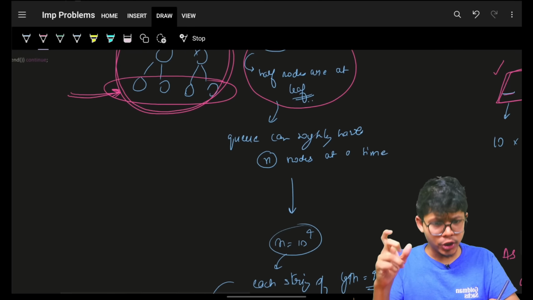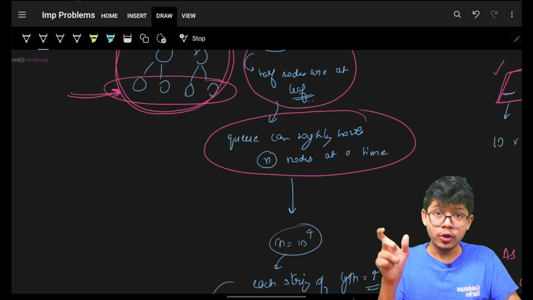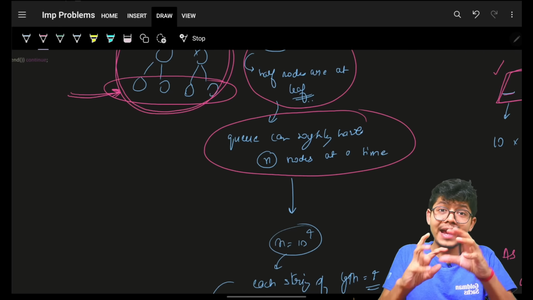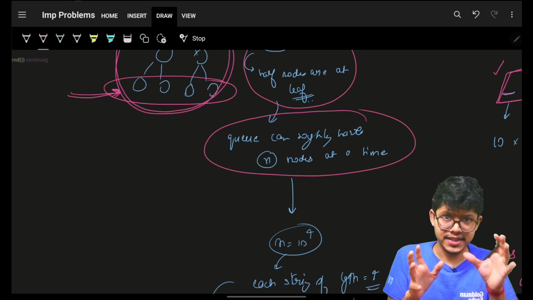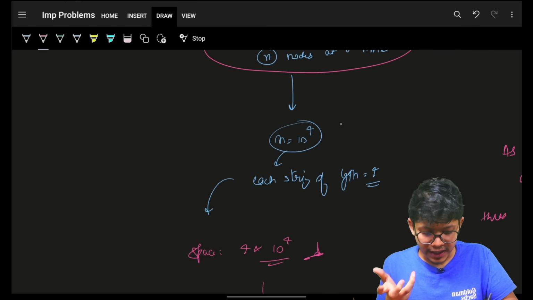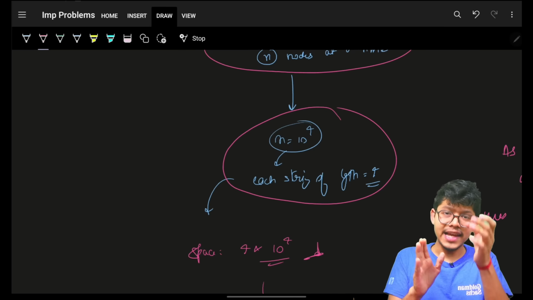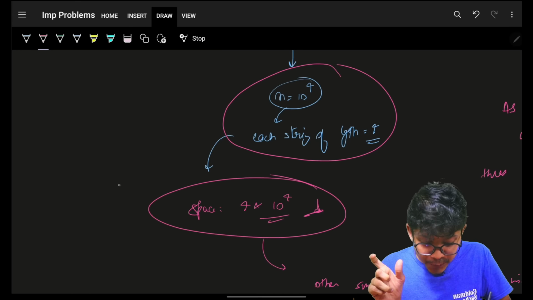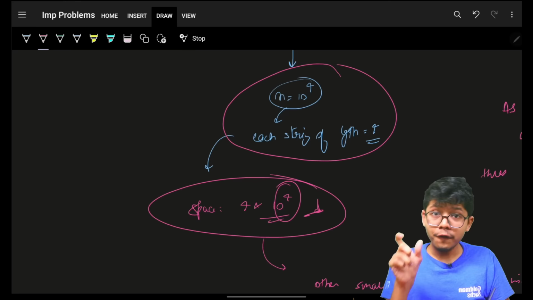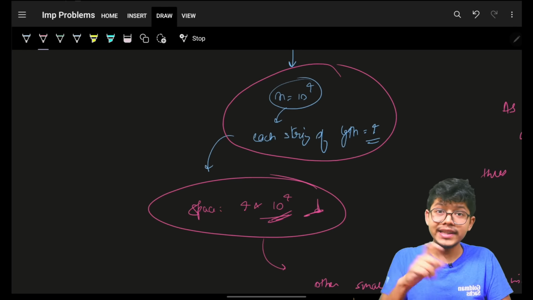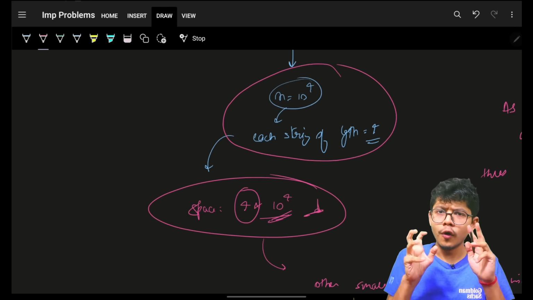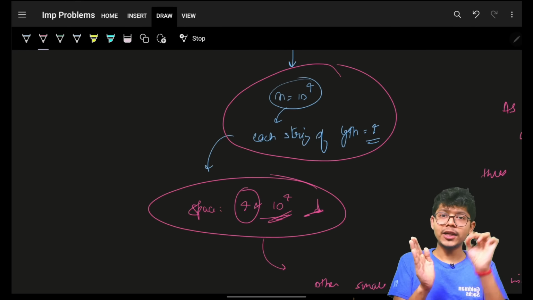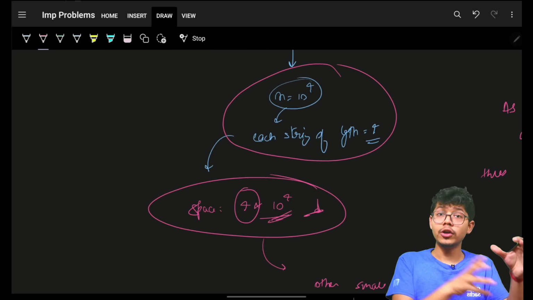So my queue at a specific level can hold O of n space of strings, and for sure we know that n is actually 1e4. Again, it's n by 2, but roughly I can say O of n. So my space will be O of n by 2, and for sure every string will take a space of O of 4. So that will be O of n by 2 into 4, which is roughly O of n into 2 space.